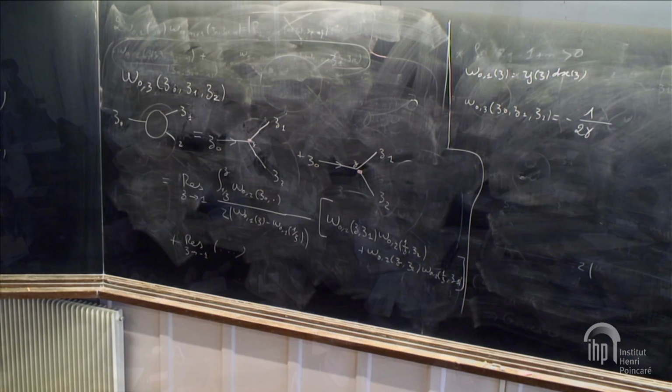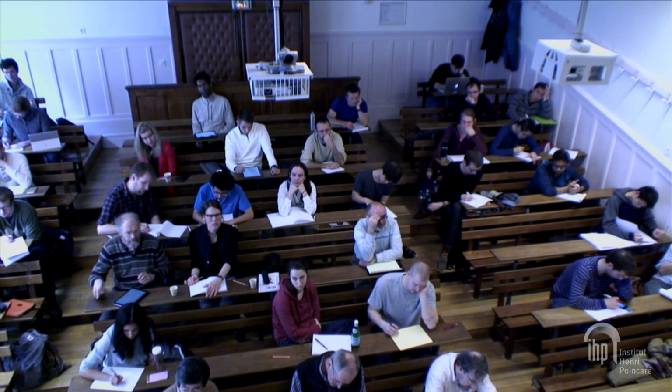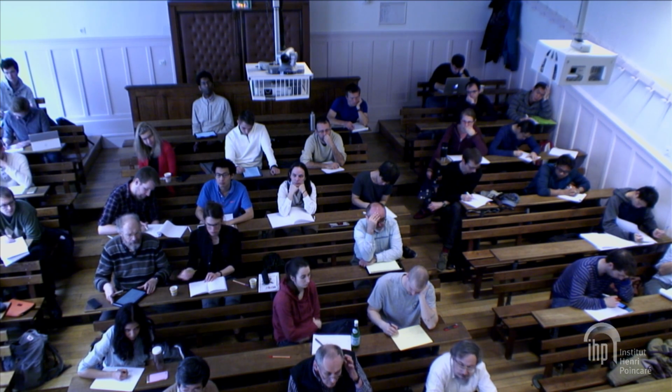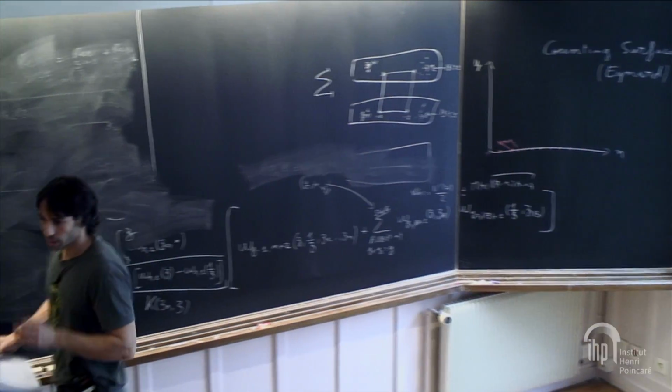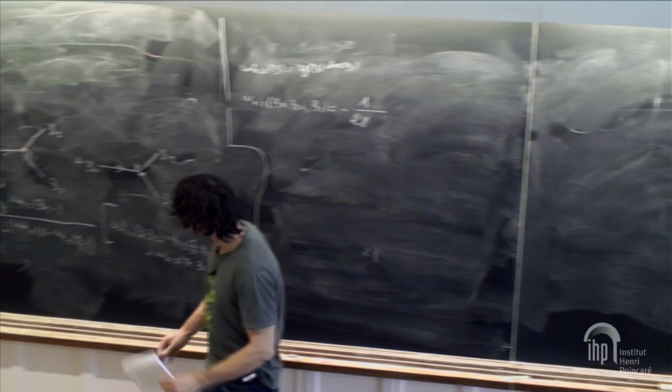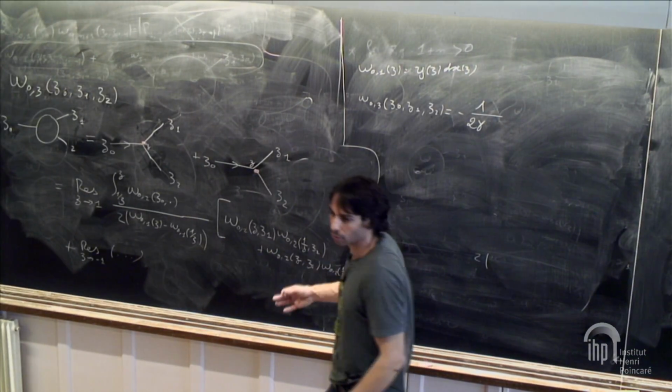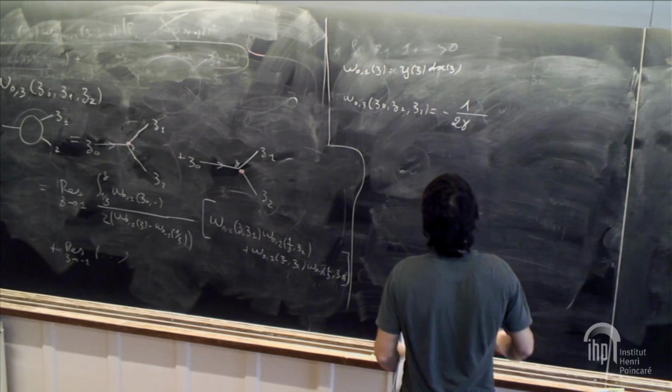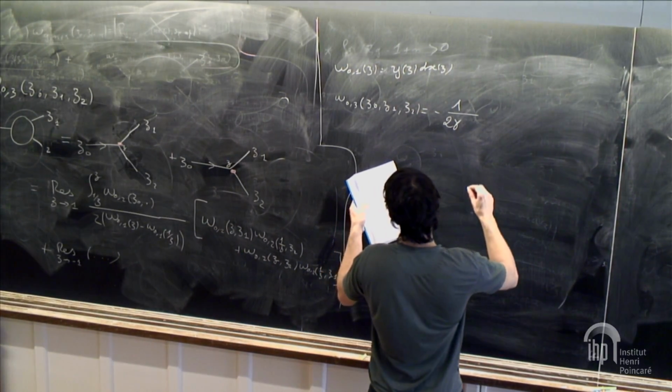I know that there are two contributions, so there should be a symmetry factor of 2 associated to this graph. But the good thing with this representation is that there is no symmetry factor. So I write it as 2 terms, but it's only 1 times 2.